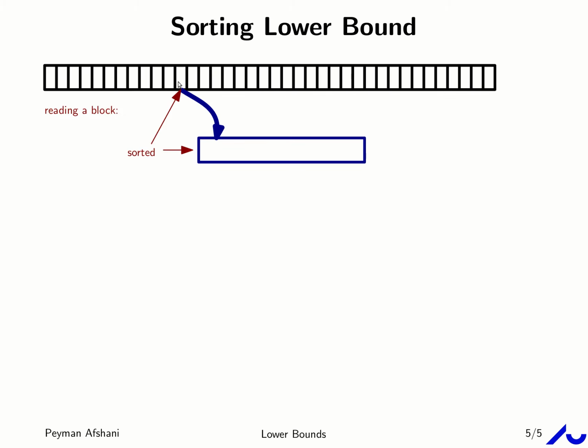The algorithm also knows the sorted order of the elements in the memory, because that's for free and it doesn't cost the algorithm anything. Okay. So I have a bunch of B sorted elements and I have a bunch of M sorted elements. How many different possibilities could be for the order of these elements? This has at most this many possibilities, because I need to only find the places of these B elements within these M elements.